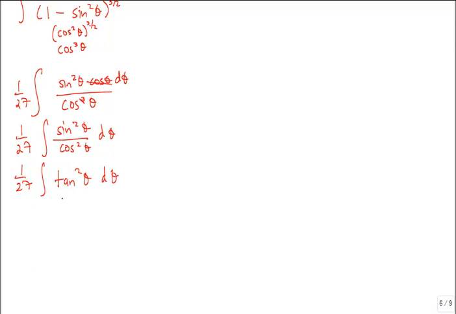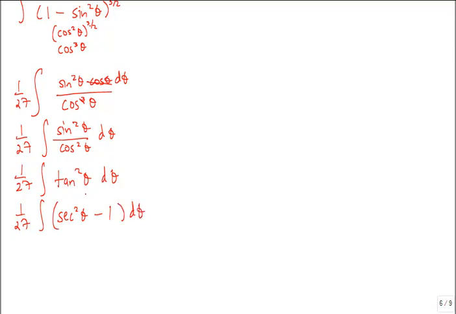Unfortunately, there's no function that's obvious that has as its derivative tangent squared theta. There is a function that has secant squared theta as its derivative. That would just be tangent. So if I could change this into a secant squared theta, that would be good. And I can do that because I have a Pythagorean identity. Tan squared is secant squared theta minus 1.